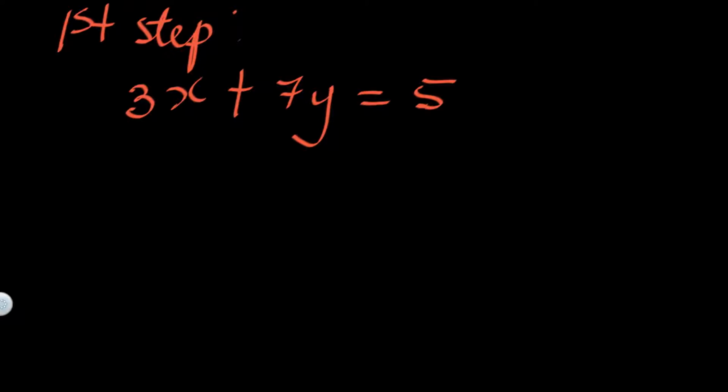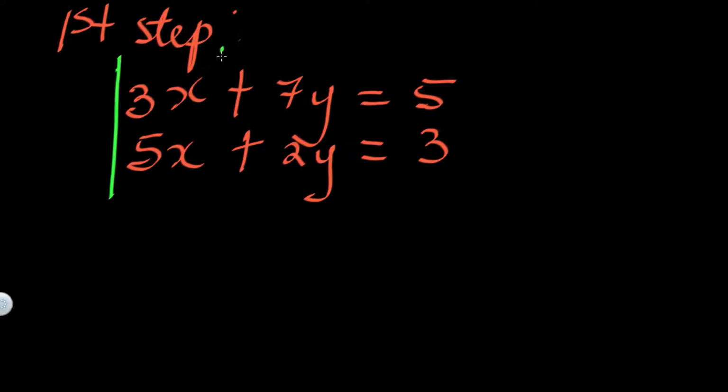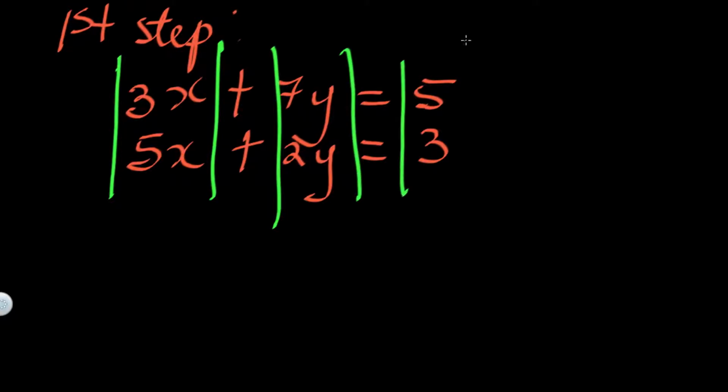My second equation, I'll write it as 5x plus 2y equals 3. The aim of this step is to ensure that you have columns with the same variable. In other words, like terms are in the same column.